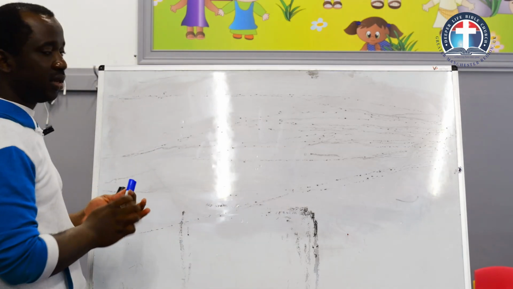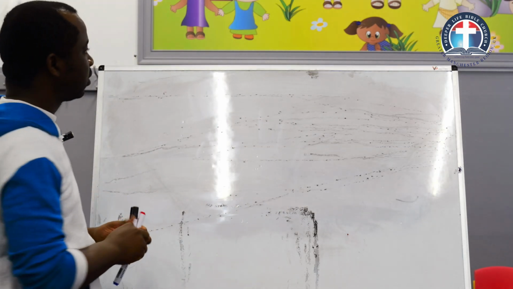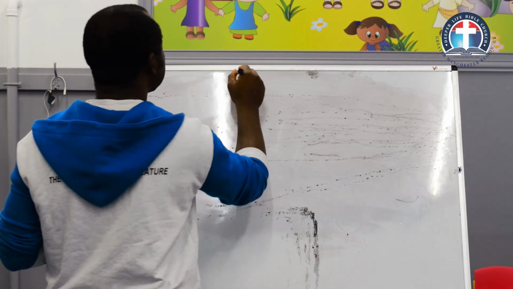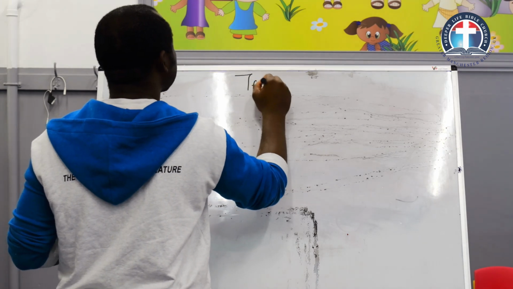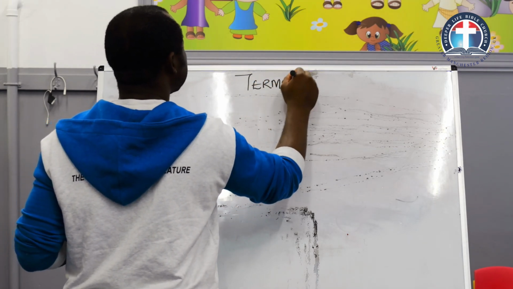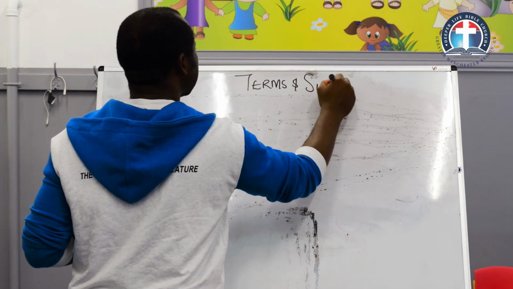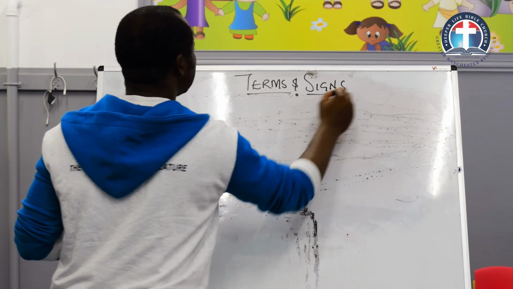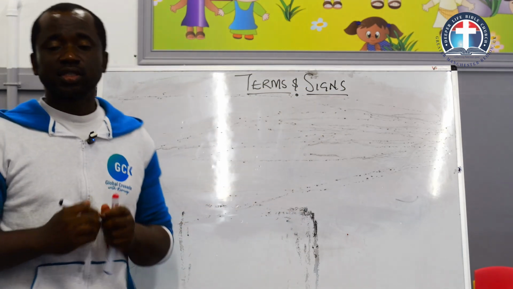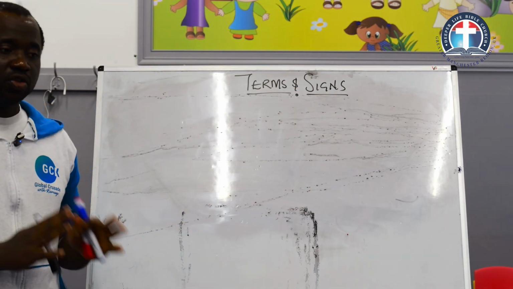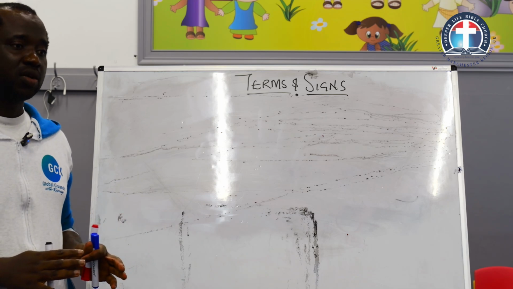So the last thing, well, this is the last one now, is terms and signs. Of course, you don't expect me to go through all the terms and signs that we've done. You have the video, you can refer back to that. Is that okay?